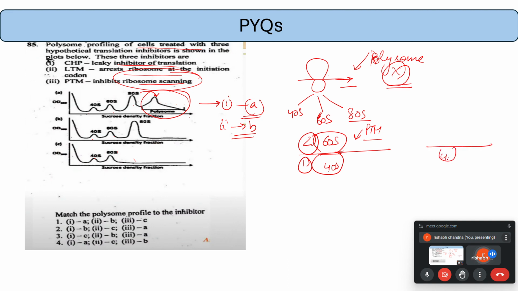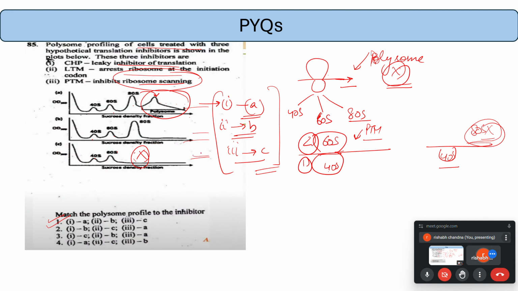It will remain bound as the 40S, not the 60S. Hence, 80S will not be formed here. So the third option corresponds to the C option. So the correct option is option number one, because it relates to all three combinations.